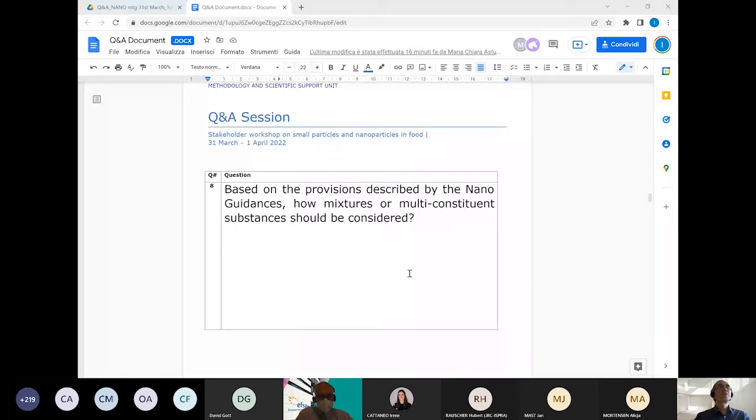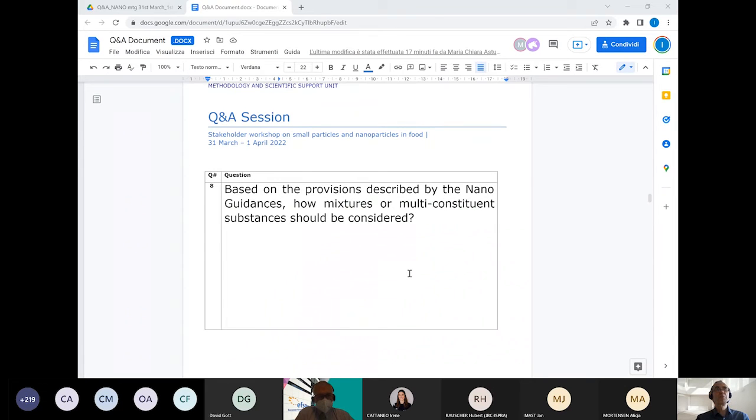This question is explicitly addressed in the guidance on the technical requirements, and it says there that information has to be submitted both on the single constituents as well as the components in the mixtures individually, as well as then for the full material. There are some exemptions, for example, for botanicals and other complex materials of biological origin with unknown or variable composition, or macromolecules of biological origin.